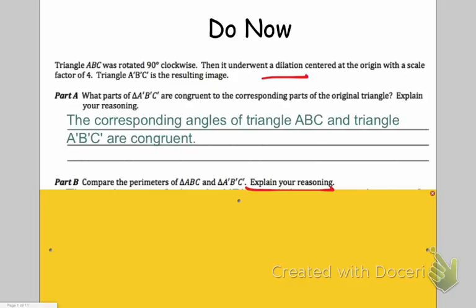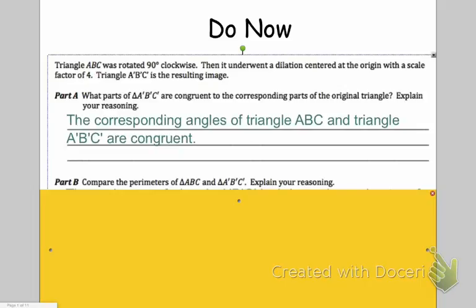So what we need to do is explain that because they're not congruent, we know that the triangles are similar, so that their side lengths are now in proportion. Each side has changed by the same amount. In this case, it's changed by a scale factor of 4. So each side of this triangle has been multiplied by 4.